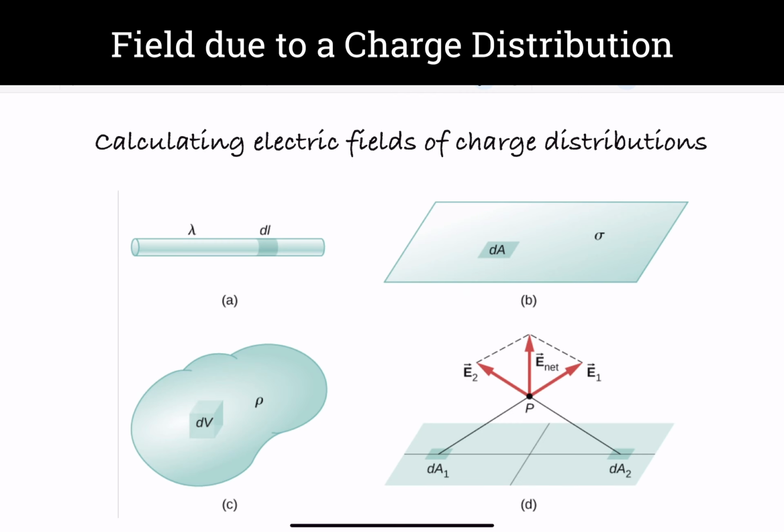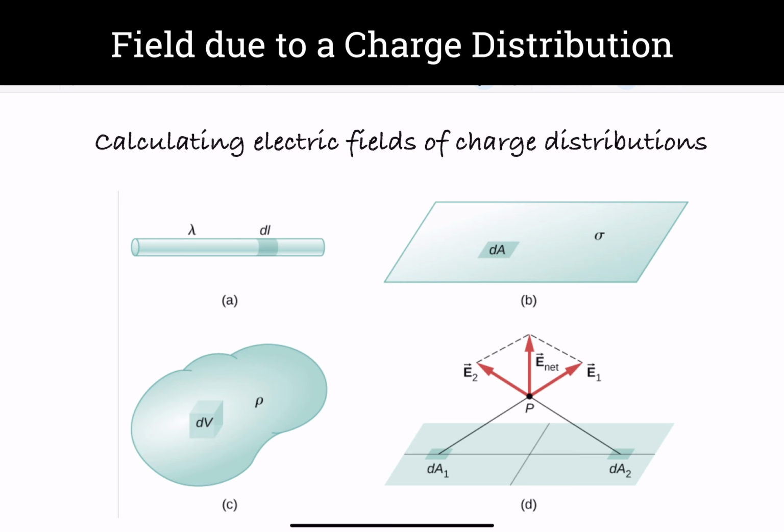Now, in real life, you rarely have isolated charges. What you're going to have is a continuous distribution of charge on objects. So in diagram A, you have a continuous and uniform distribution of charge on a rod. In order to find the electric field at any point due to this rod, we have to define a quantity called lambda.